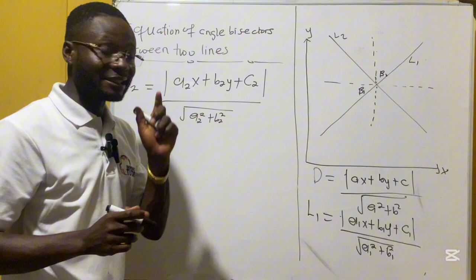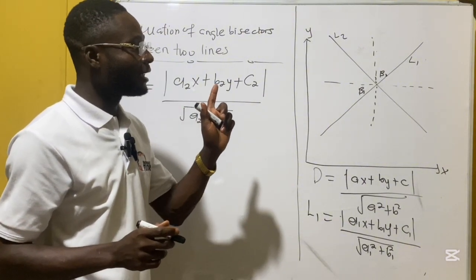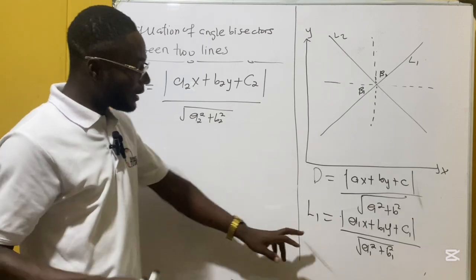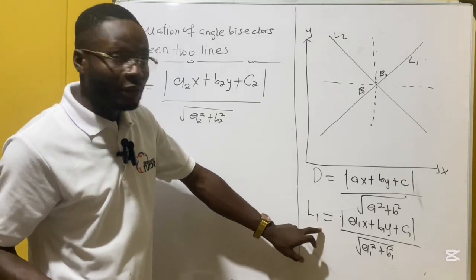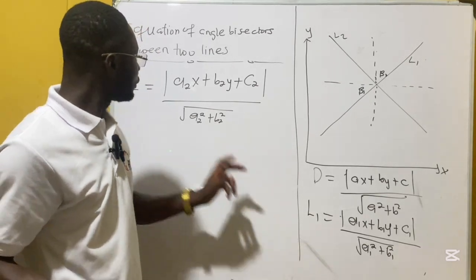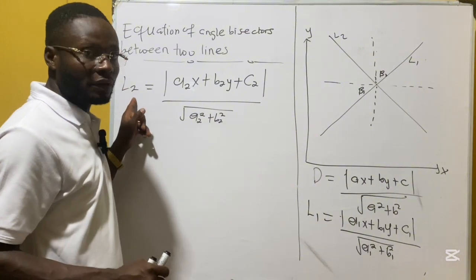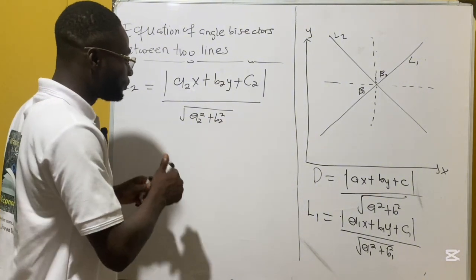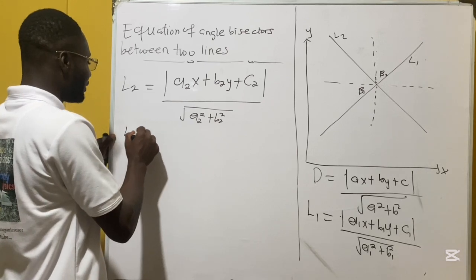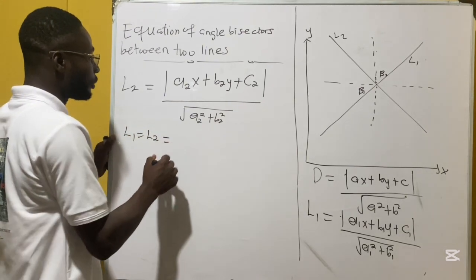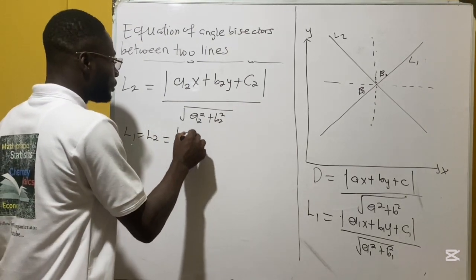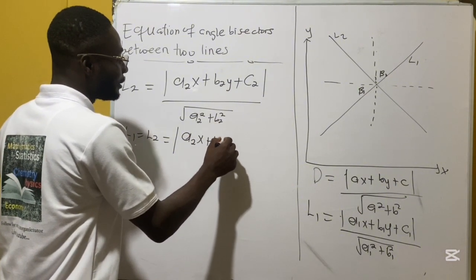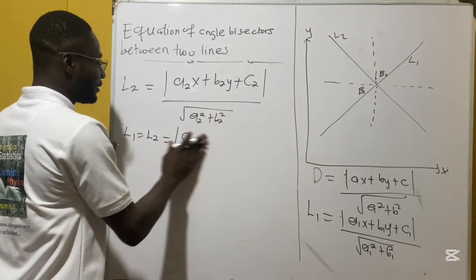And we are saying that L1 is equidistant to L2. So the distance of the point to L1 is equal to the distance of the point to L2, right? So we say that L1 is equal to L2, and that is equal to the absolute value of A2x plus B2y.